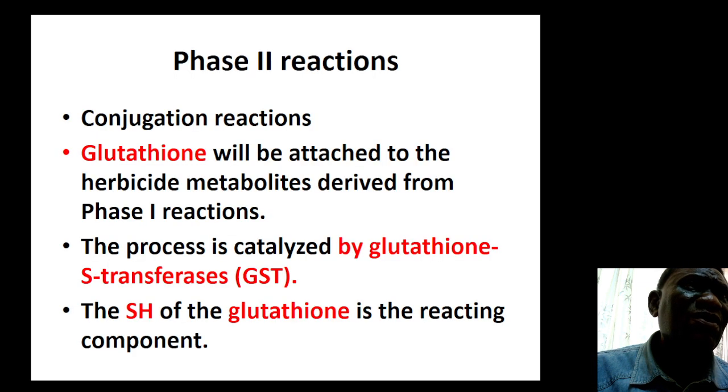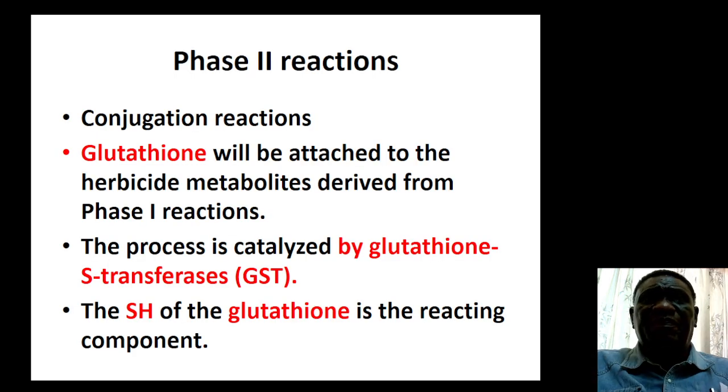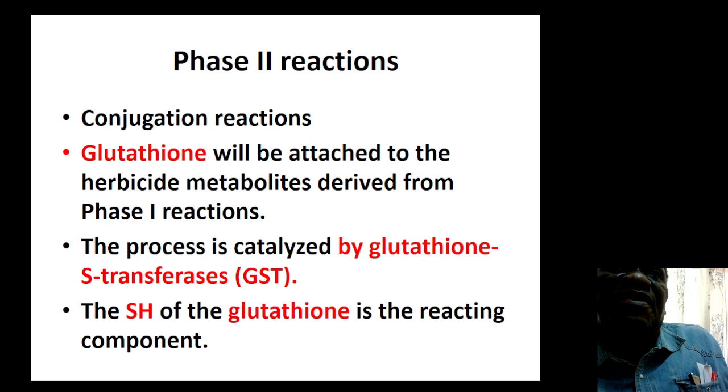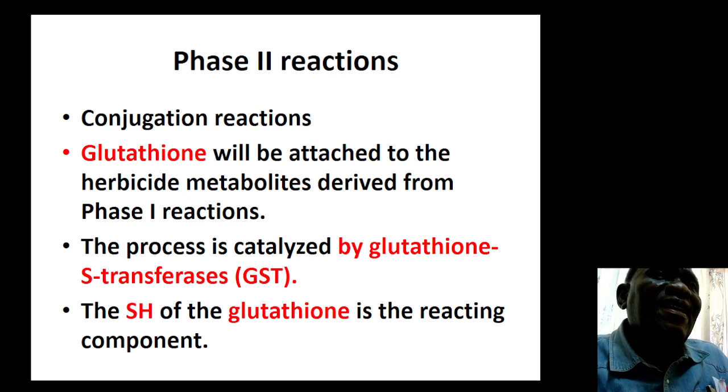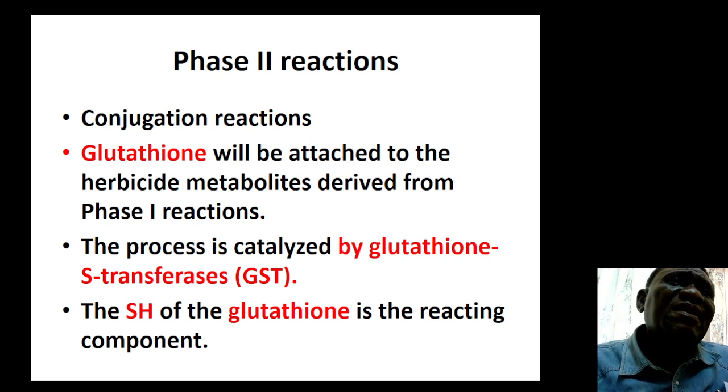So I will close this. Like what we said in phase 2 reactions, please note that these are conjugation reactions.